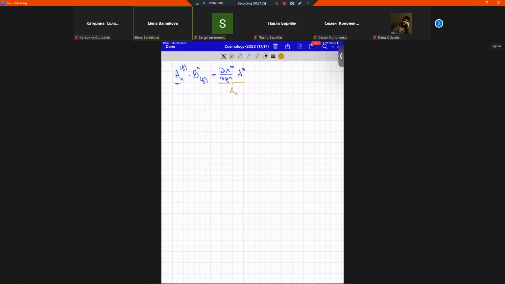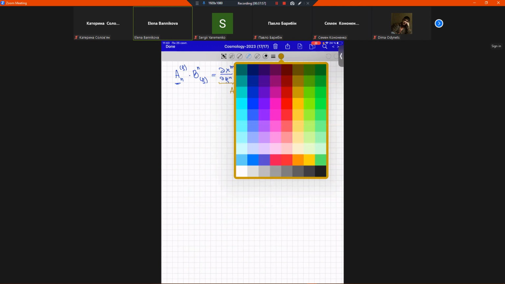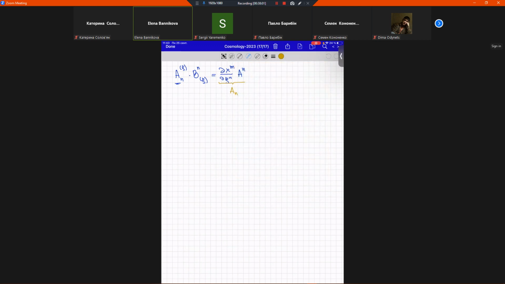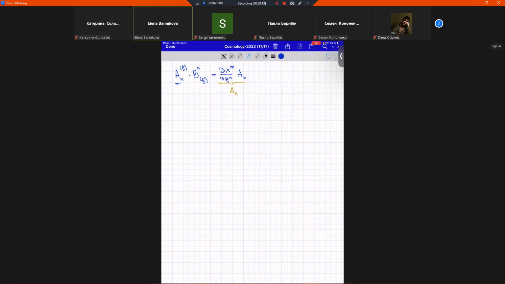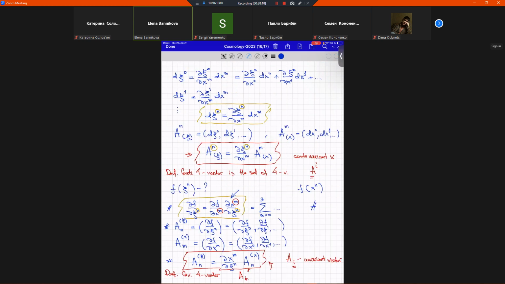So I can see that I already have a mistake, especially as you could recognize it. This is good, because now this is not right. I need to put the low index corresponding to this expression here.